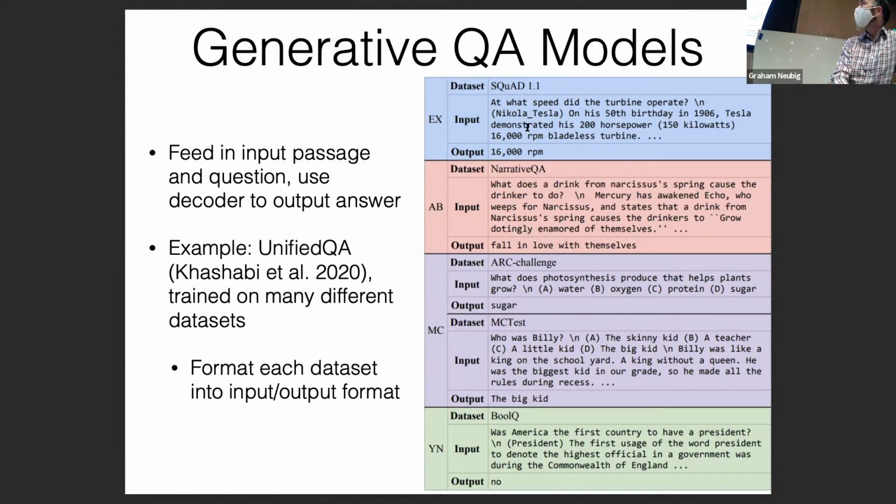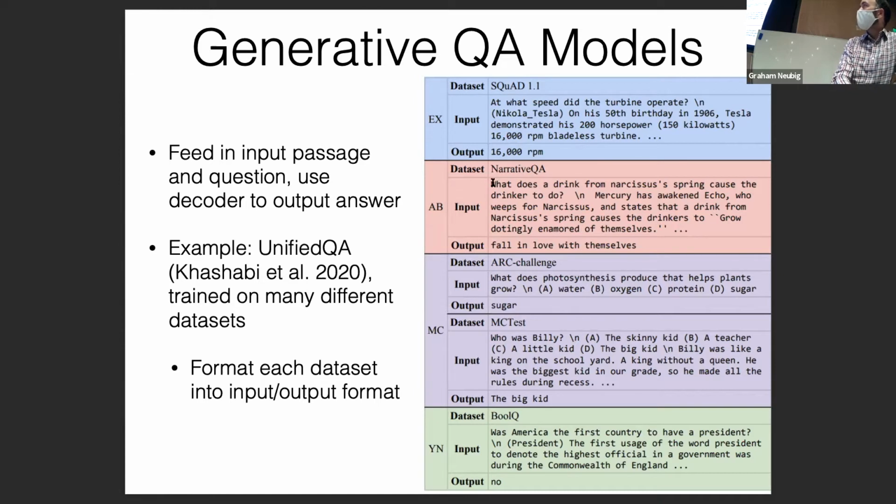Then we train a model based on this input and output to output the answer. Despite the fact that the model has no restriction to output a span that's included in the passage, if you train it on examples where every time it outputs a span, it will output a span in the passage. So this is extractive QA. The AB here stands for abstractive, which is what I was calling generative question answering.